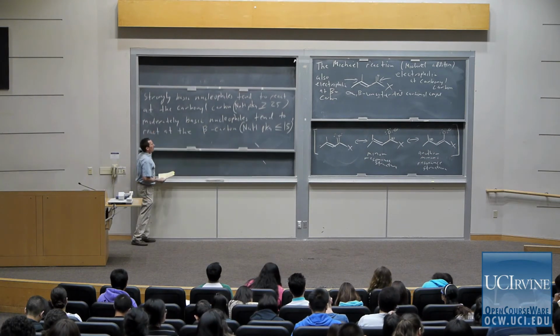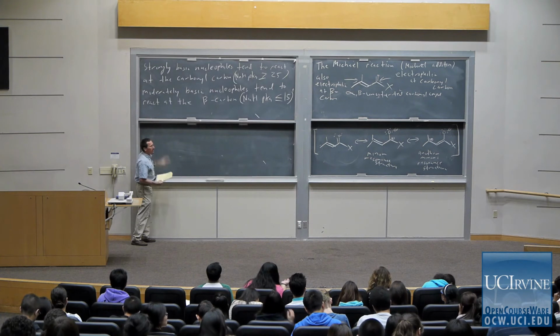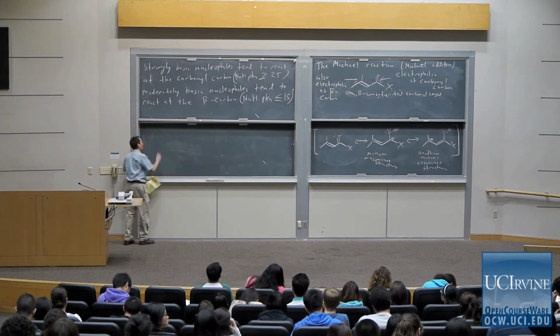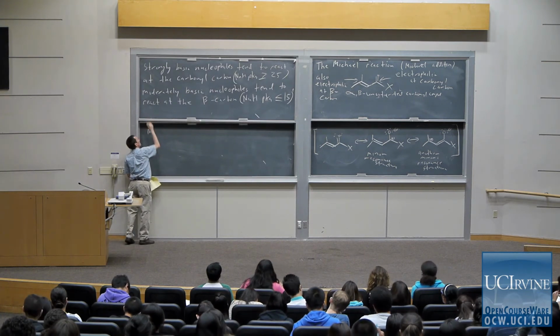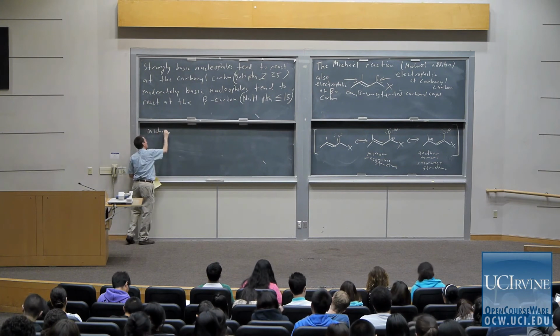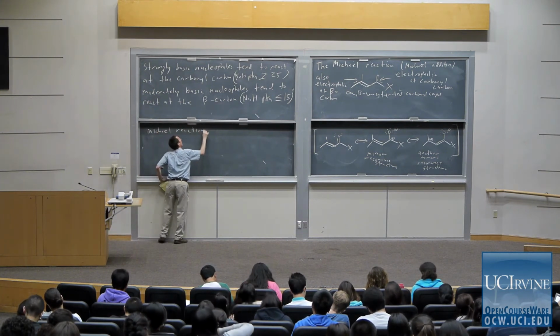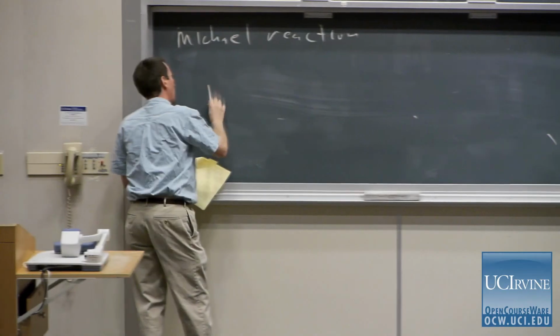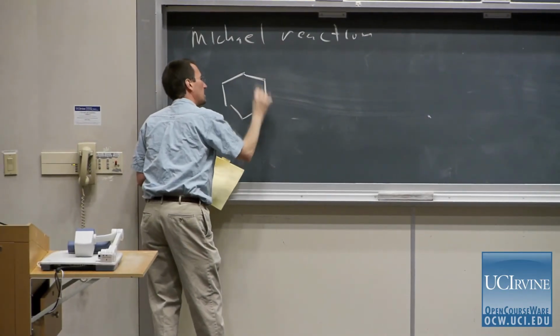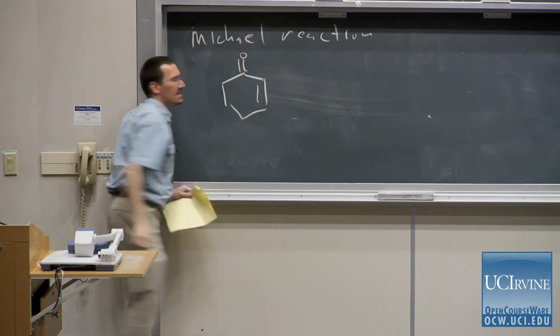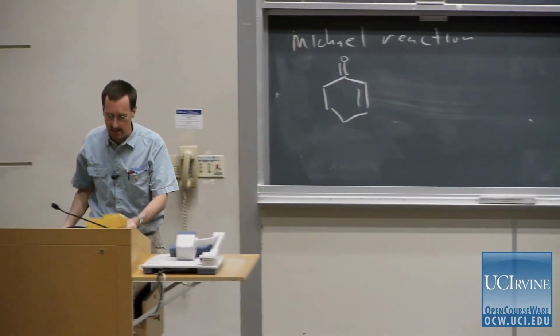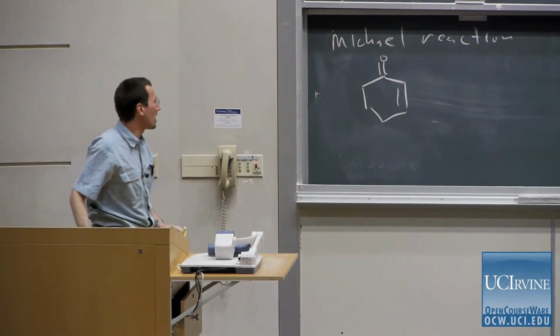So let me give you a concrete example of the Michael reaction. We call the second manifold the Michael reaction. I think I borrowed this example from your textbook just because it's a nice example, and you get lots and lots of chemistry today, so I don't want to overwhelm you too much.